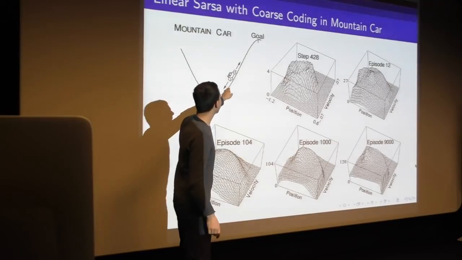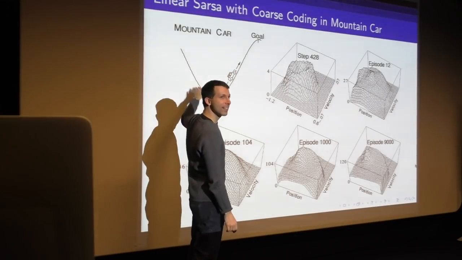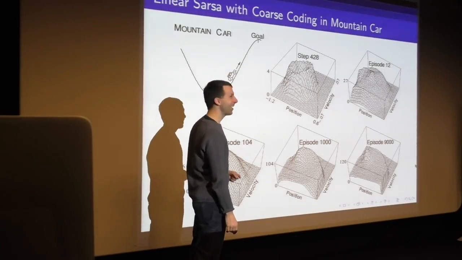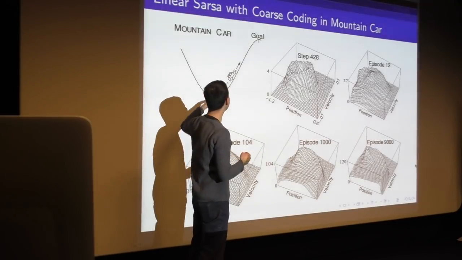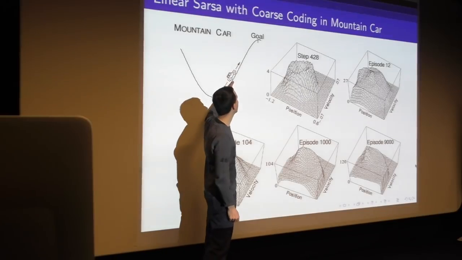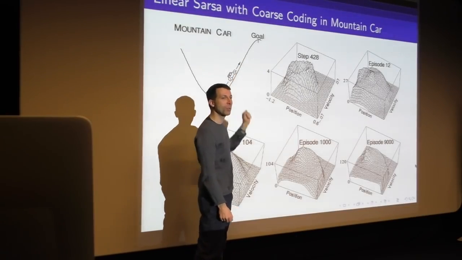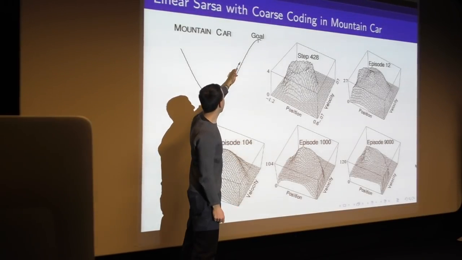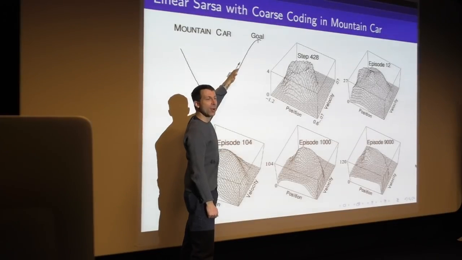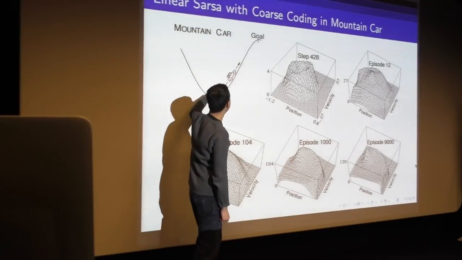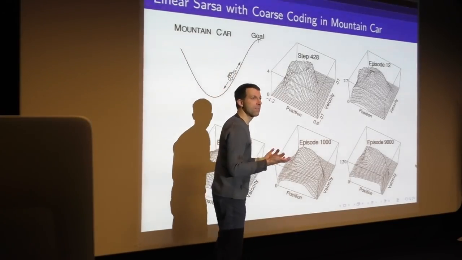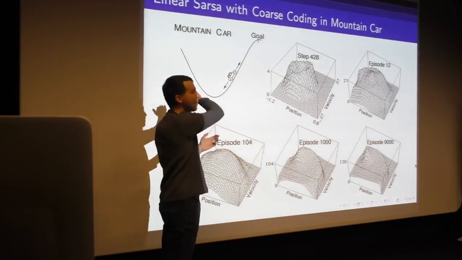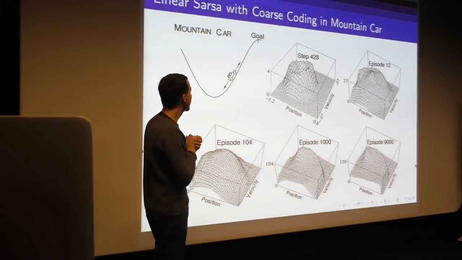The idea is you've got this car here, it's stuck in this dip, and you can see it's kind of steep here, so how are you going to get out of this dip? The assumption is that your car isn't powerful enough to just drive straight to its goal here. So what it has to do is let go and roll backwards, drive forwards, roll backwards, drive forwards again, and build up enough momentum to actually reach the goal there.